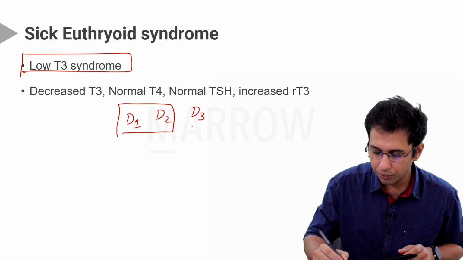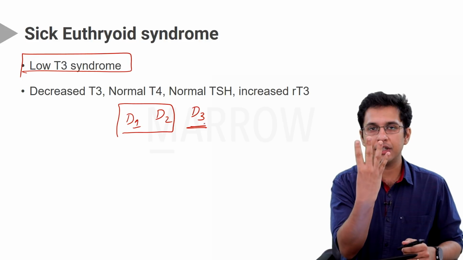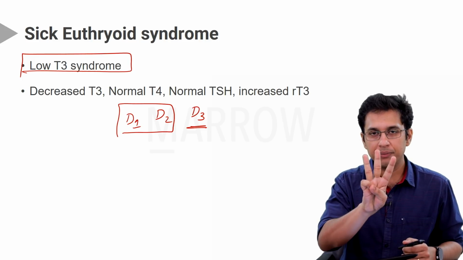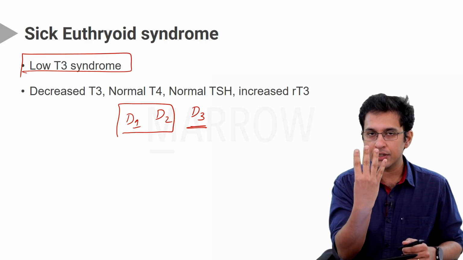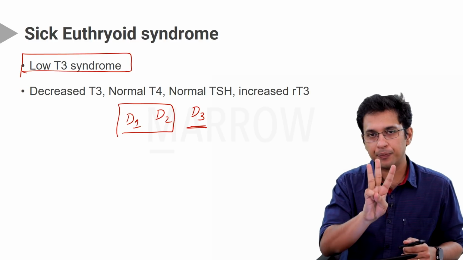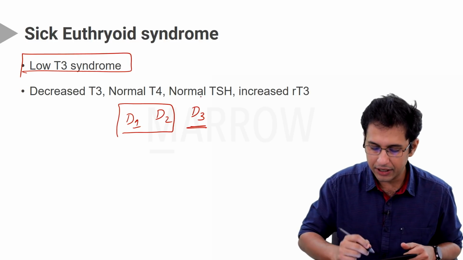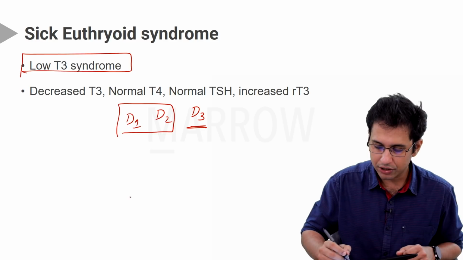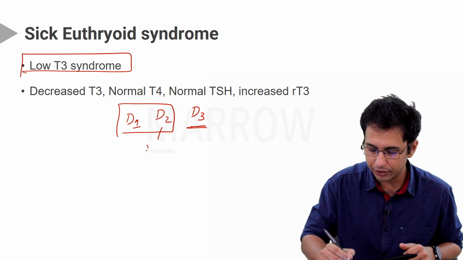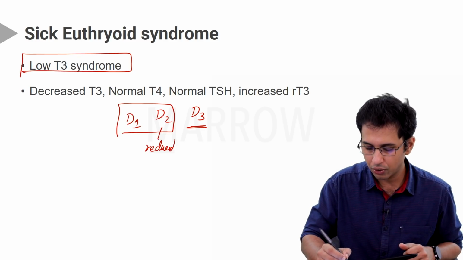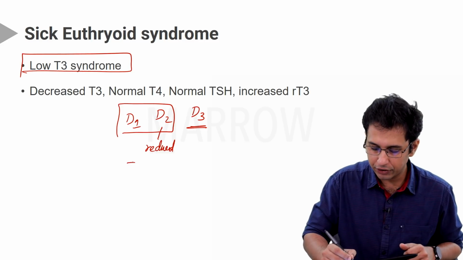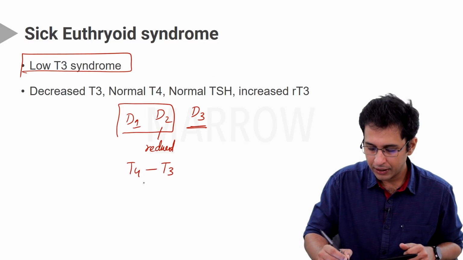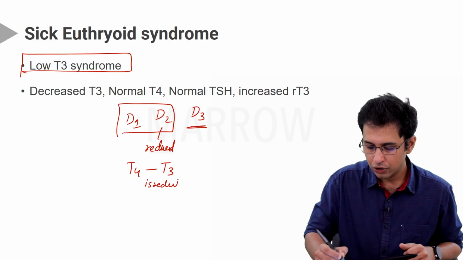And what does D3 do? D3 converts T4 to reverse T3, right? Now in this condition, there is actually a reduced activity of D2. So the conversion of T4 to T3 is reduced. So T3 is reduced.